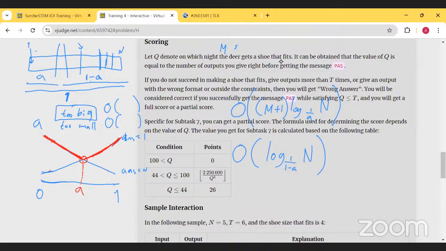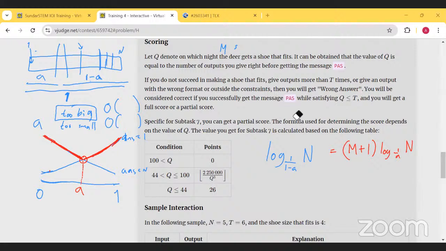All right, let's continue to compute the value of A. There is an equation like this: m plus 1 times log base 1 divided by A of n equals this: log of 1 divided by 1 minus A of n. And then we can just move it here.